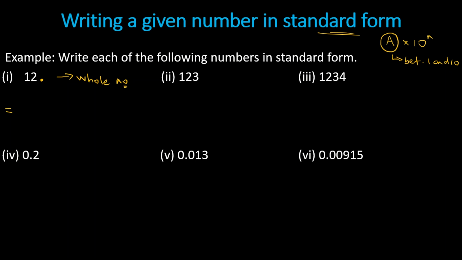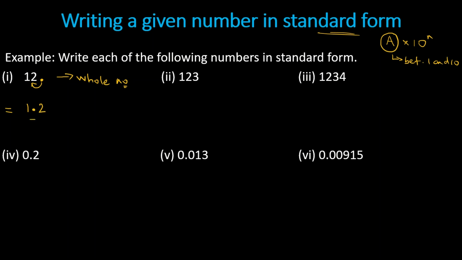How do we do this? By simply moving the decimal point until we reach a number between 1 and 10. Now, if we move the decimal by one decimal place, this becomes 1.2. Yes or no?